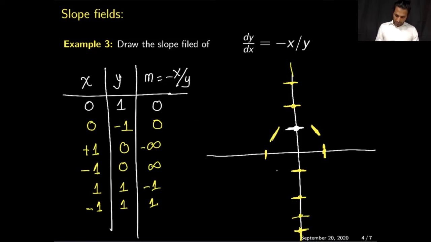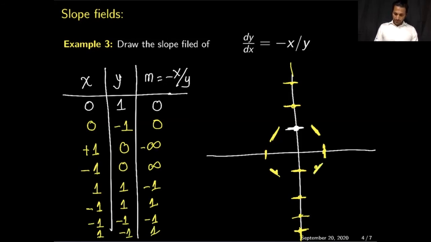And if you choose a point here, x is -1 and y is also -1, this is going to give you a negative slope. So it's like this. And if you choose a point here, x is equal to 1, y is equal to -1, this is going to give you the positive slope. So it's here.